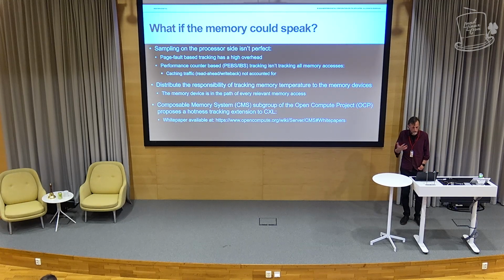As part of the composable memory system subgroup of the Open Compute Project, there's a white paper describing a potential way to implement such a hotness tracking widget for CXL memory controllers.